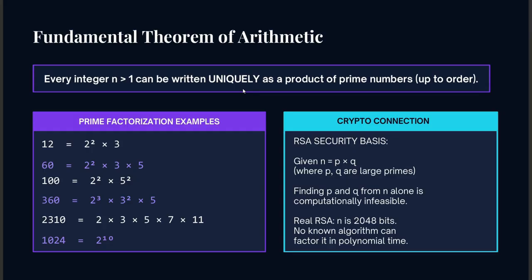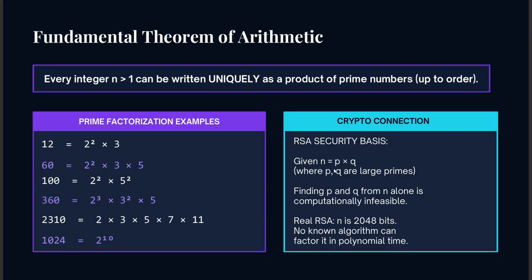No matter how many times we break the number down, we always end up with the same prime factors. For example, 12 equals 2 squared times 3, and 60 equals 2 squared times 3 times 5. So every composite number can ultimately be reduced into primes. This idea is extremely important in cryptography because RSA security is directly connected to prime factorization.